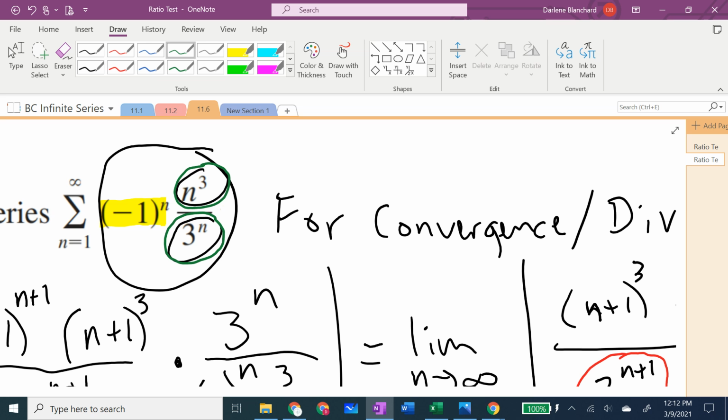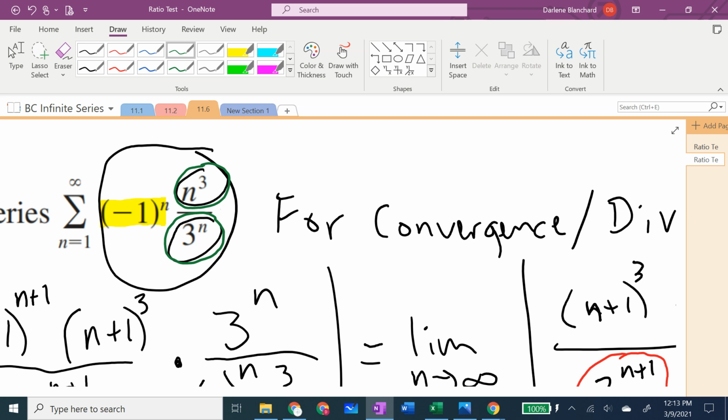When a function looks like an exponential expression, you are dealing with a geometric series. When a function looks like a polynomial, you're dealing with something else, which we're going to talk about more later. But that mixture causes this to not be a geometric series.